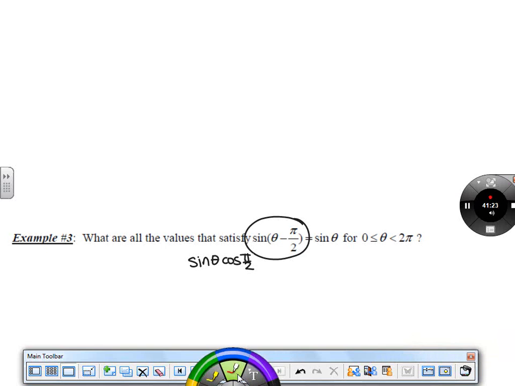Minus cosine of theta and sine of pi over 2. Then I'm going to simplify this left side just like I did before. Cosine of pi over 2 is 0, so this term is not going to help us any. Sine of pi over 2 is 1.